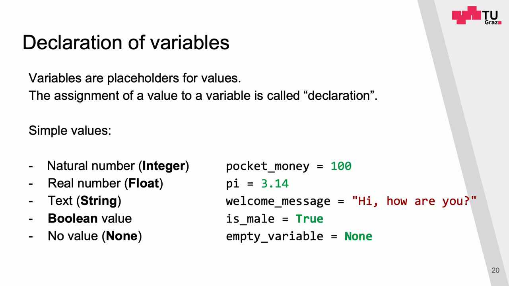And last but not least, we can also assign no values or empty values to a variable. For example, we can type a variable name, for example, empty_variable is equal to None. And with the keyword None, we do not assign the variable any specific type, but we leave the variable empty.